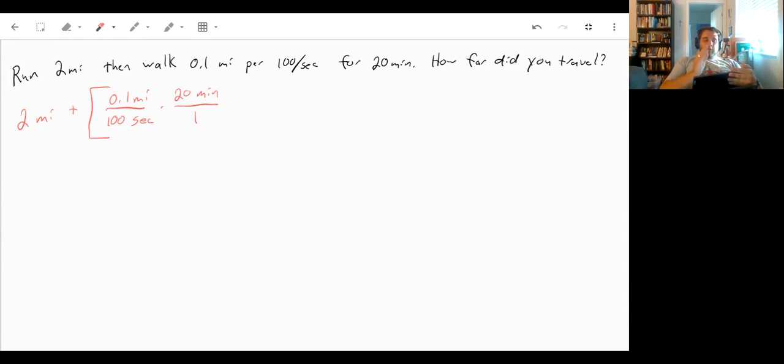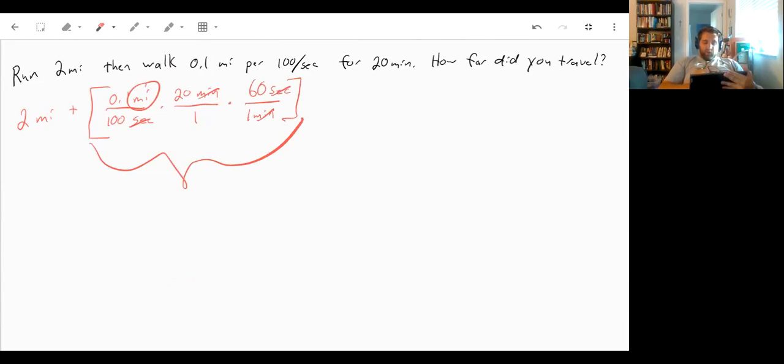And now we either need to convert from seconds to minutes or from minutes to seconds. Well, I'm going to go from minutes to seconds just because that's a little bit easier for my brain to work with. So we'll go across the diagonal. So we'll have 1 minute on the bottom is the same as 60 seconds. And now our minutes will cancel with our minutes. And actually our seconds will cancel with our seconds. So the only label left for this entire portion is miles.